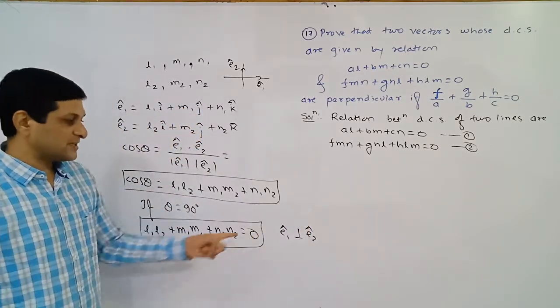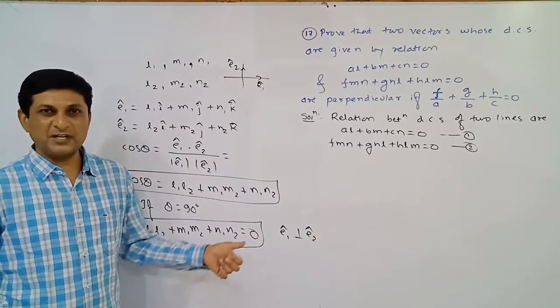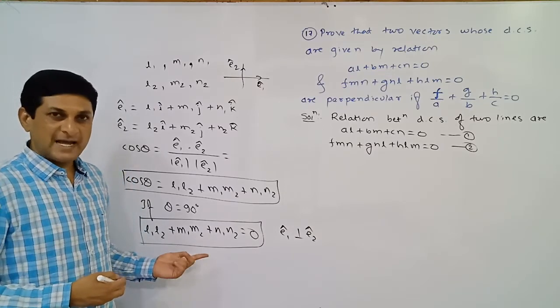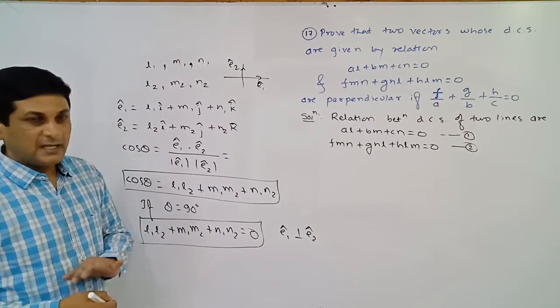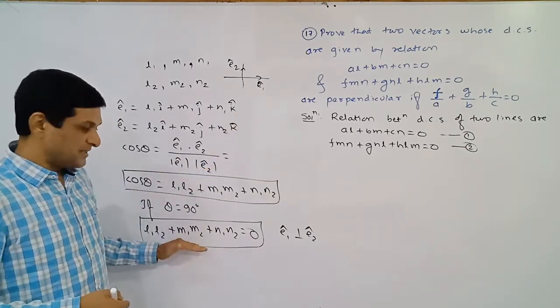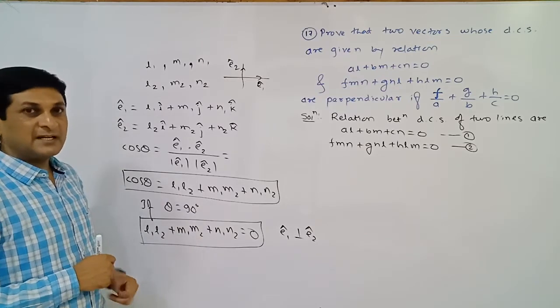Means if these two vectors are perpendicular, at that time L1 L2 plus M1 M2 plus N1 N2 is equal to 0. This is the condition which is satisfied by what? The direction cosines of two lines. So using this condition, we have to solve this example. So remember this condition, if two lines are perpendicular to each other, then their direction cosines satisfy it.